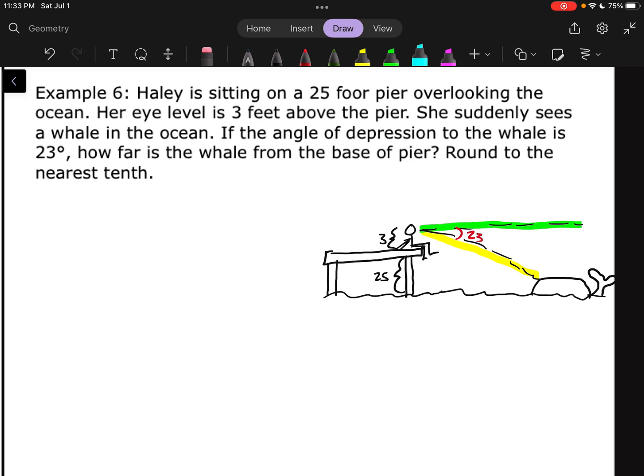Now I'm going to flip that and I'm going to use this triangle. Because all in all, that 3 feet above the pier and the 25-foot pier gives me 28 for the opposite side. Remember that 23-degree angle is going to get flipped down here into the angle of elevation.